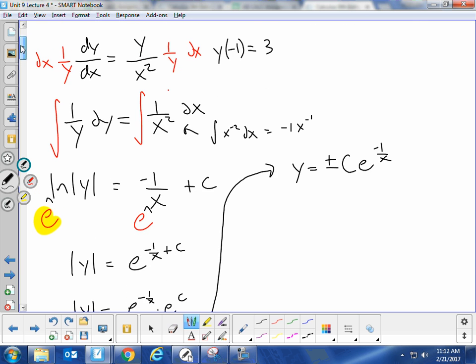Now we will use the point y of negative 1 is equal to 3. Now what we will find is that when we try to find c here, we can almost disregard this plus or minus, and finding the correct c will give us the correct half, the positive half or the negative half. So when I find c, I can disregard the plus or minus.